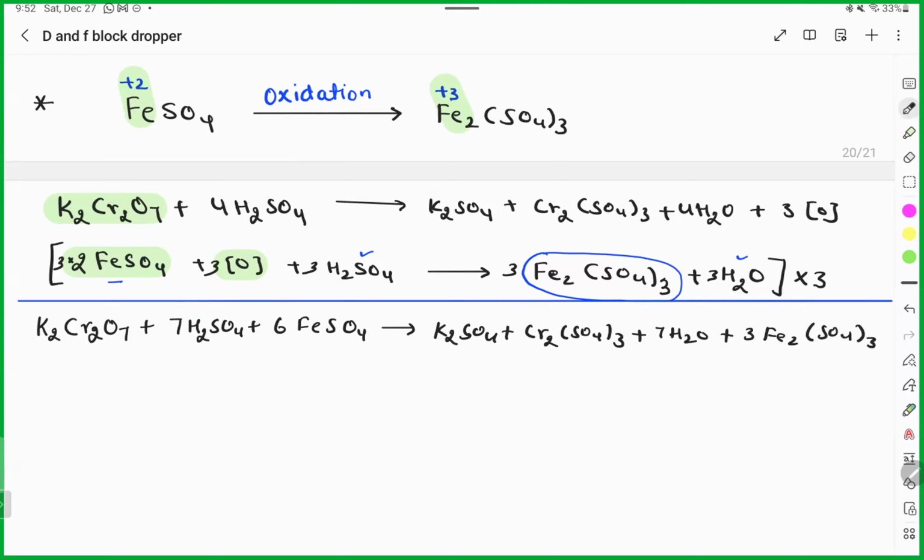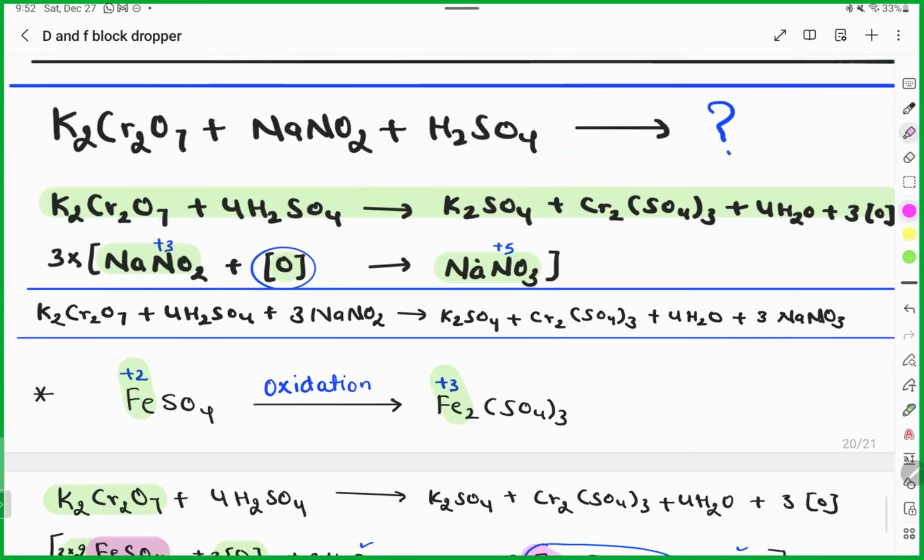Here you don't need to remember anything. It's just that you know how K2Cr2O7 reacts with 4H2SO4. Whatever compound you have, for example FeSO4, it will convert to the higher oxidation state. See here, you have NaNO2 because K2Cr2O7 produces three nascent oxygen.